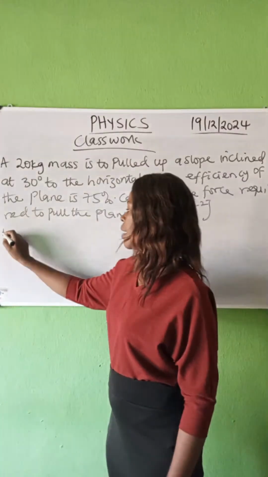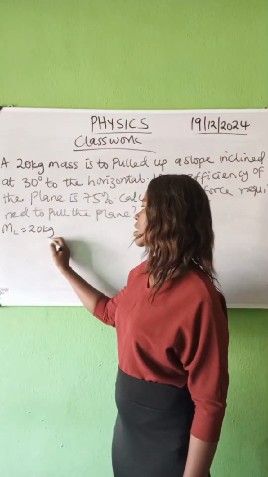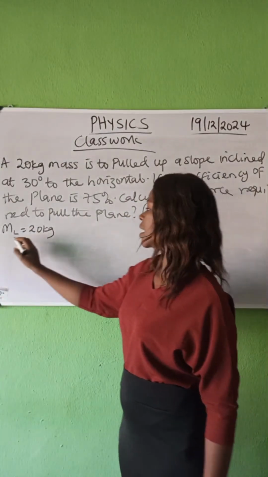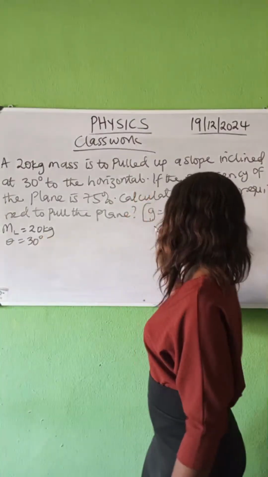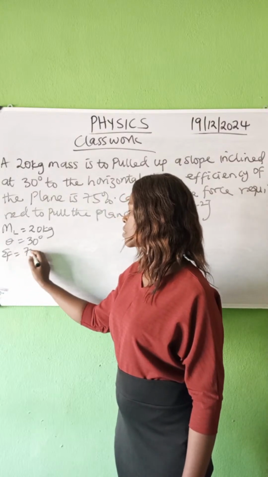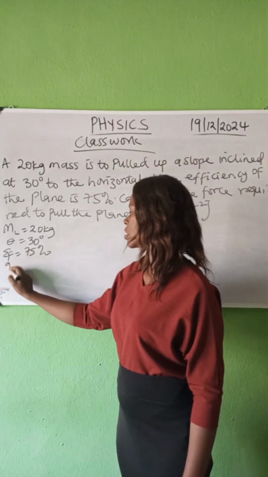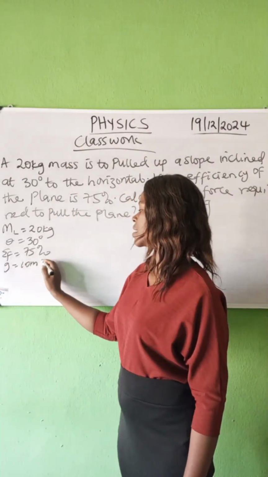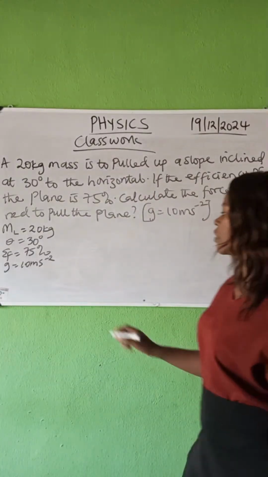So ML, the mass of the load, is 20 kilograms. The incline is at angle theta of 30 degrees, and the efficiency is 75%. Then we are given g to be 10 meters per second squared. So what are we looking for? We are looking for the effort.